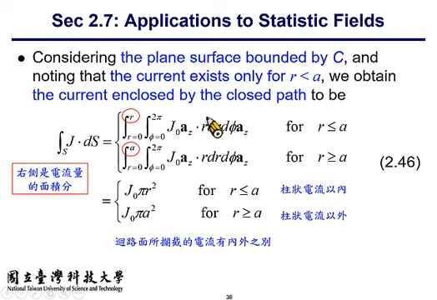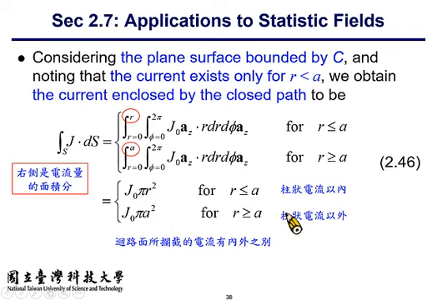However, you need to be careful about the limit, because when the observation point R is greater than A, and because the current exists only in the region of R smaller than A, the limit is from R equals 0 to A. On the other hand, if you are looking at some observation points within this conductor, then the limit of your integration on the r-axis is r only, which is smaller than A. So you have two results for the two cases.